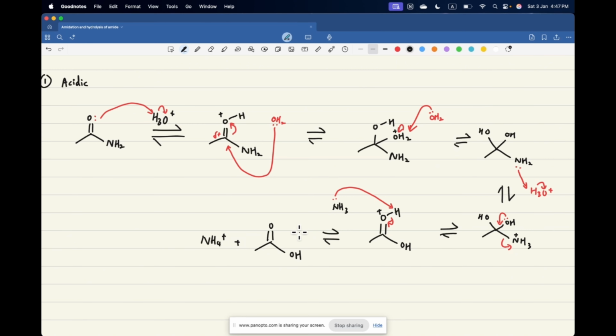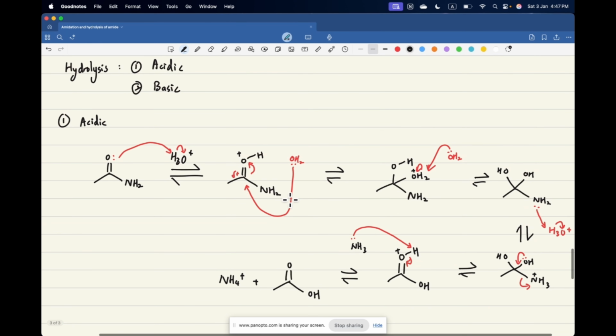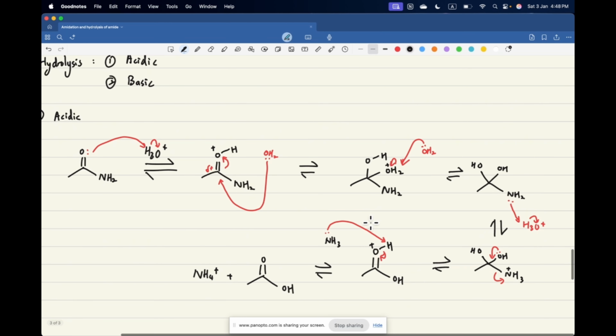If you look through the overall reaction, we use acid to catalyze this reaction, and also water molecules will be added into the compound. This is why it is hydrolysis. Hydrolysis means adding of water molecules. If you look through the entire reaction, we only add one water molecule. You can see here at first the acid is formed, and then this forms a water molecule.